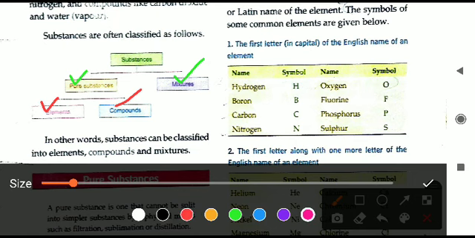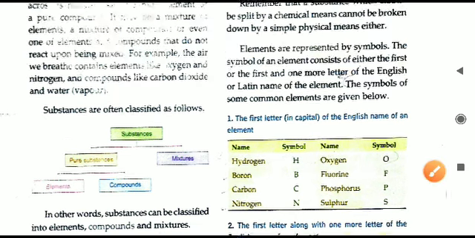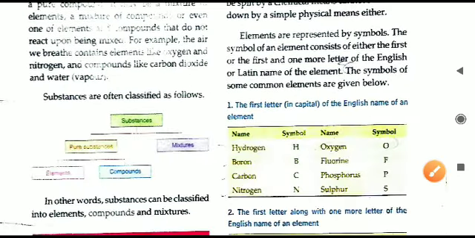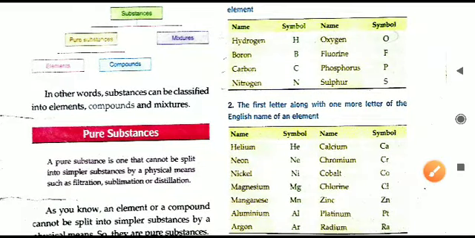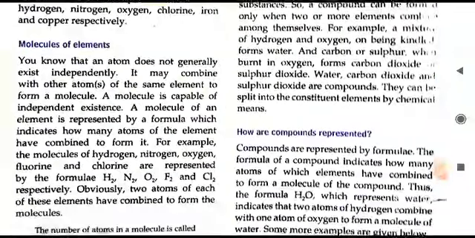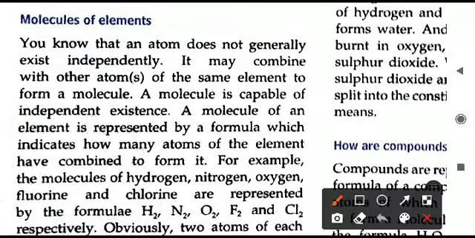Also, in the previous video, we discussed the definition related to pure substances, and then we discussed the definition and concept of elements and the rules related to the representation or writing of the symbols of the elements. Let us come to today's topic, molecules of elements.